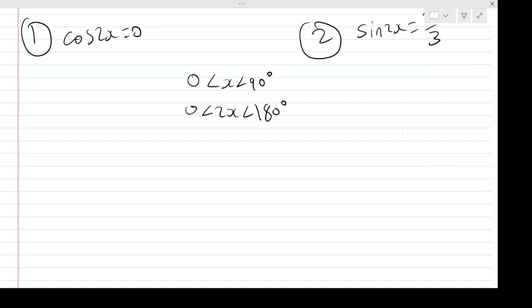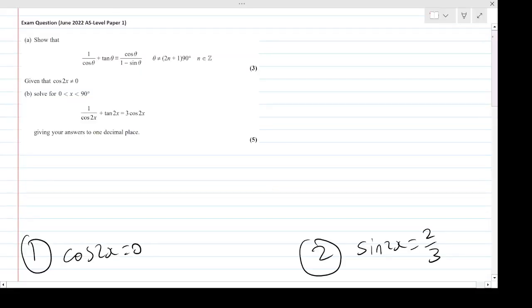So now we're going to look at firstly solving this equation, cos 2x is equal to 0. Now actually, if we pay attention to the question up here, it says given that cos 2x is not equal to 0. That's interesting, because if we want to solve cos 2x equal to 0, we're told it can't be 0.